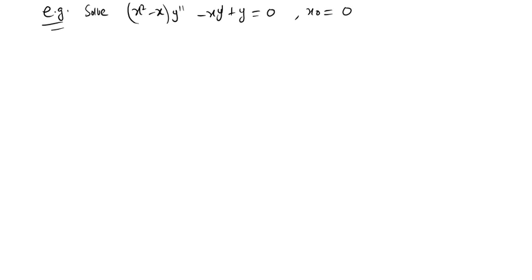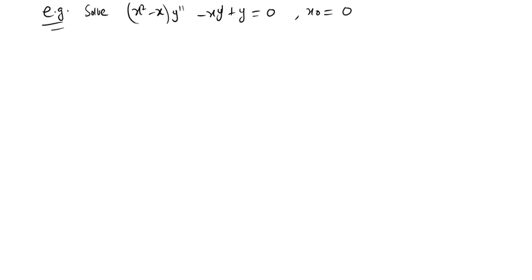So now I am taking one more example in which you need to apply another approach to find the second solution. So the question is: solve (x square minus x) y double prime minus x y prime plus y equal to 0 about 0.